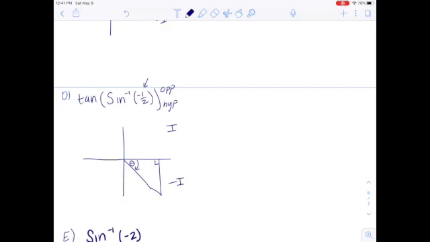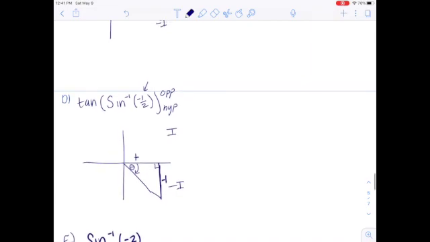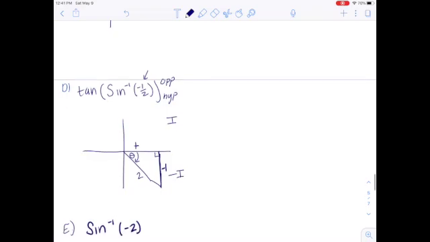So here's your theta. I'm going to give the negative to the down length, right? It's down in the negative first quadrant. So this side would have to be positive and this side of that triangle negative in order for it to be in that quadrant. And your hypotenuse is always positive. A little Pythagorean theorem, or recognize that it's square root of 3.